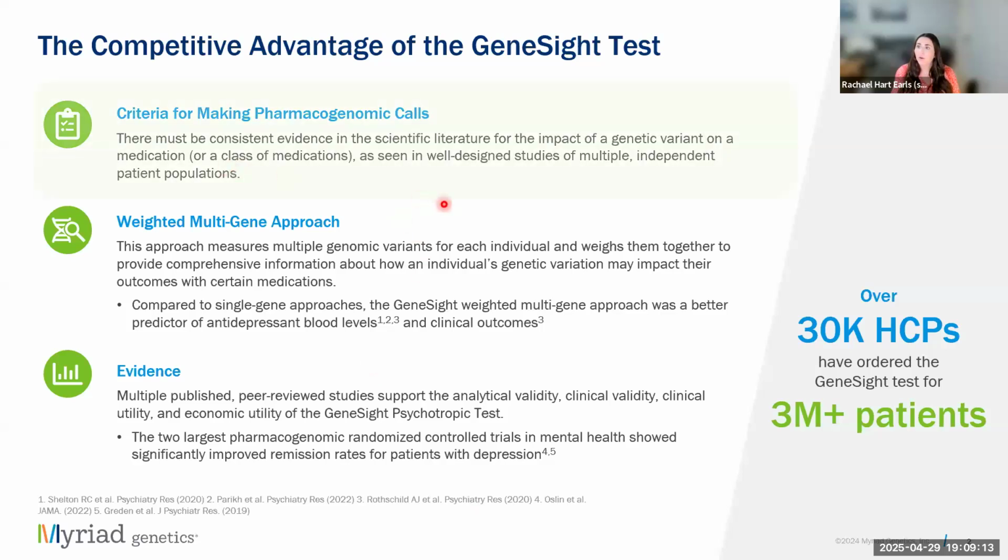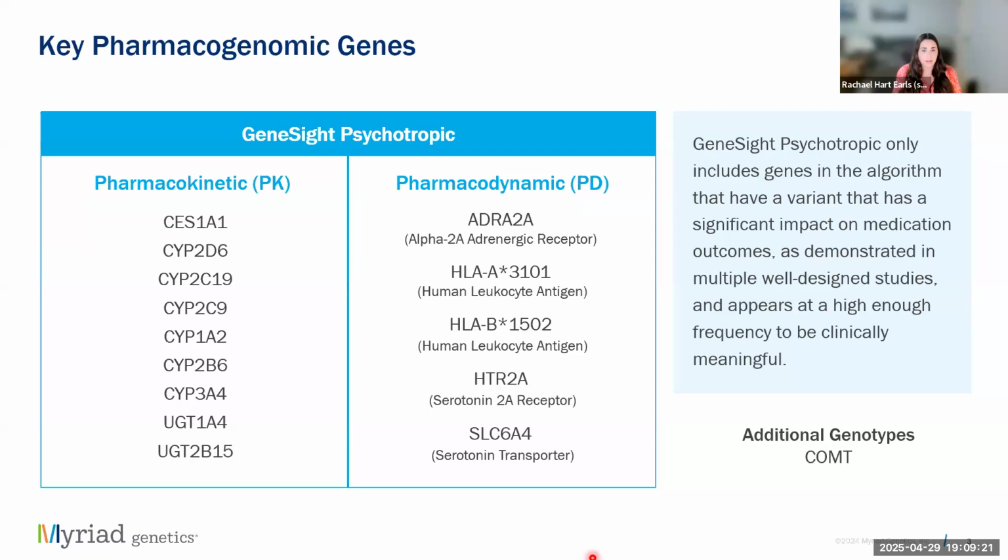The first differentiator includes criteria for inclusion of genes on the GeneSight report. Here you can see the list of genes included on the report: 9 pharmacokinetic genes, or drug metabolism genes, on the left, and 5 pharmacodynamic genes on the right, which can tell us about potential changes in efficacy or side effects for particular psychotropic medications.